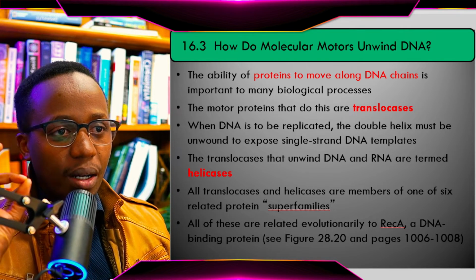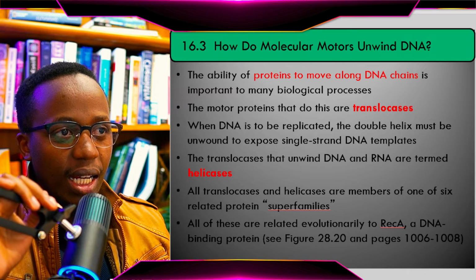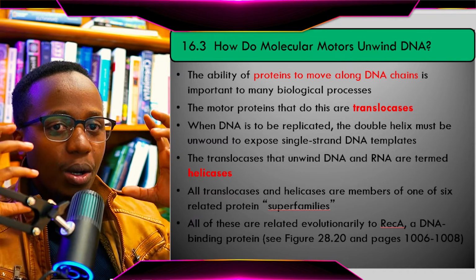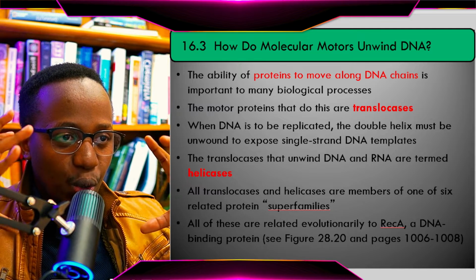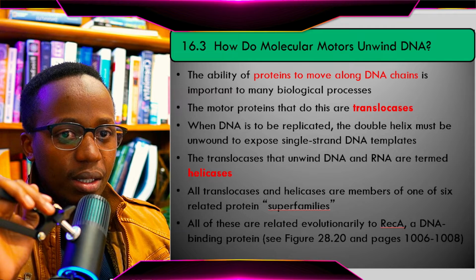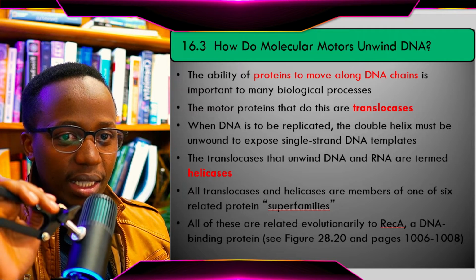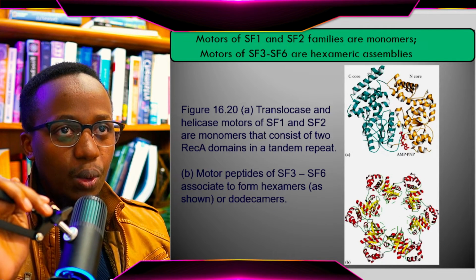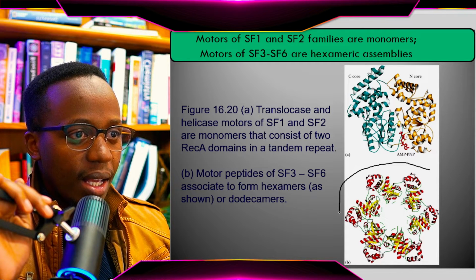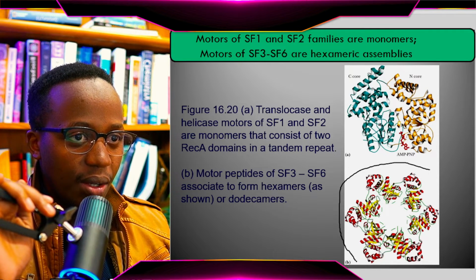But one of the biggest parts in DNA replication is separating the two strands of DNA, and the way we do that is we use helicases, and the helicases are really, really cool because this is how they look, right? It's an assembly. You see how it looks?